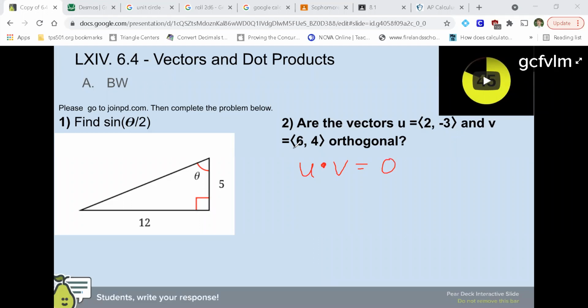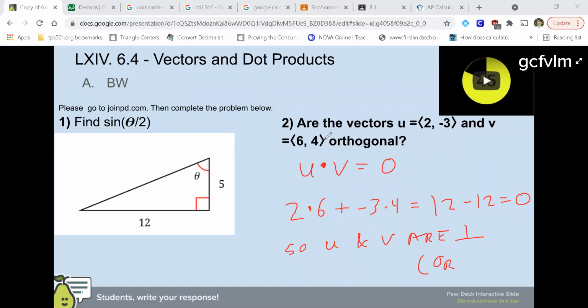All right, so to do u dot v, we'll take 2 times 6 and add -3 times 4. And that would be what, 12 minus 12? It is 0. Look at that. So u and v are perpendicular, also known as orthogonal.